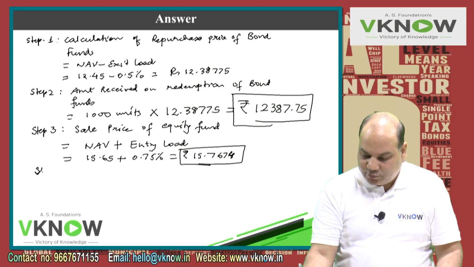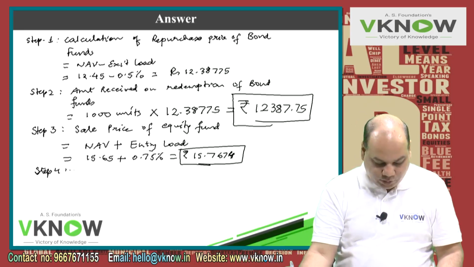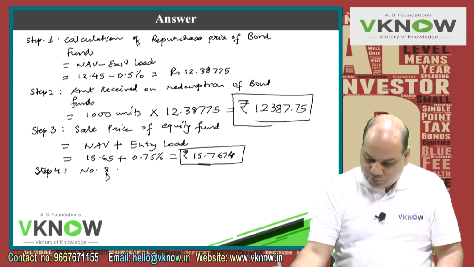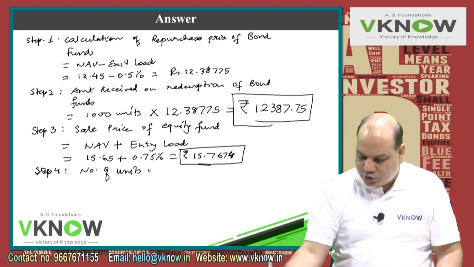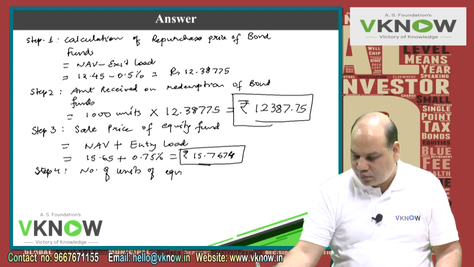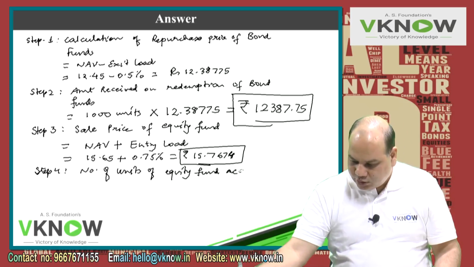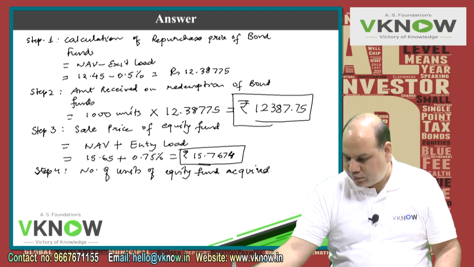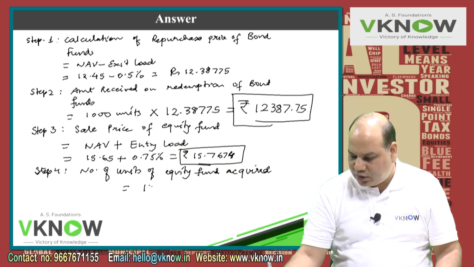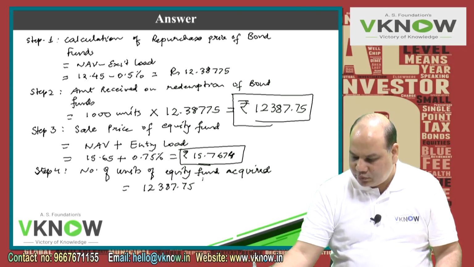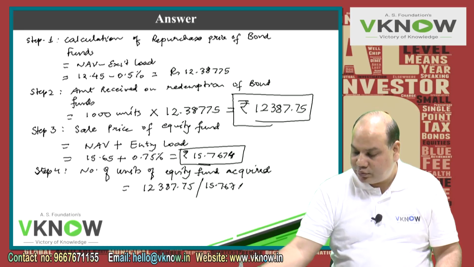So what will be step 4 now? Step 4 will be number of units of equity fund acquired will be 12,387.75 divided by 15.7674.